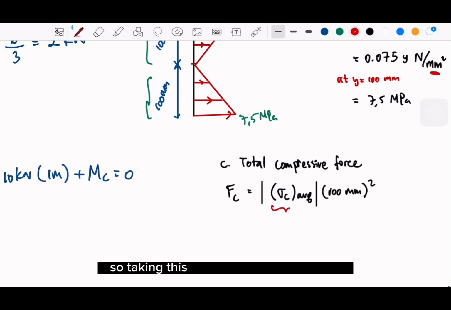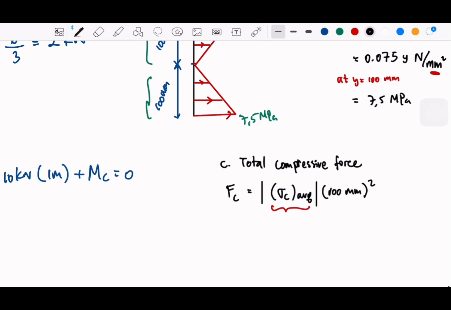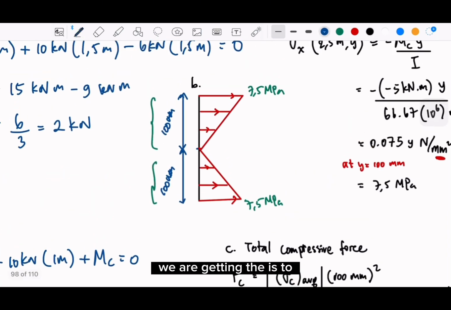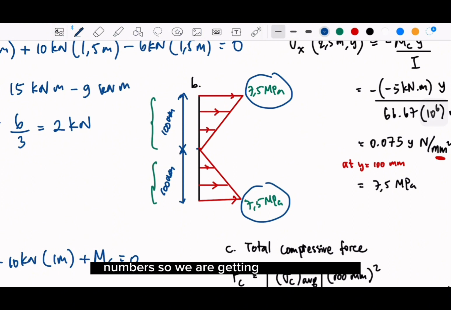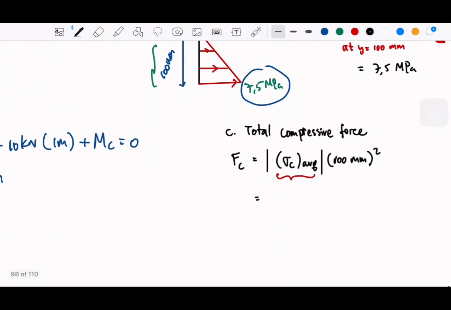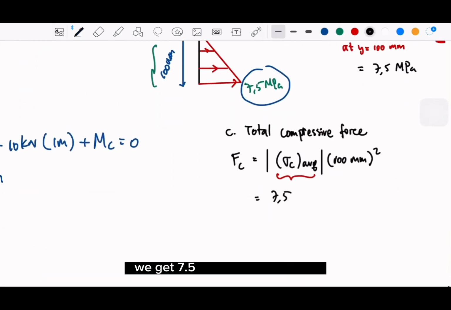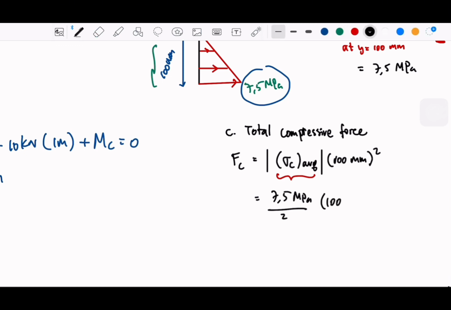So taking this and calculating the average, we are getting these two numbers, so we divide by 2 because we have these two. So we get 7.5 MPa divided by 2 and multiply with 100 millimeter squared.